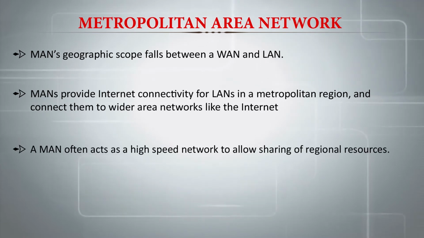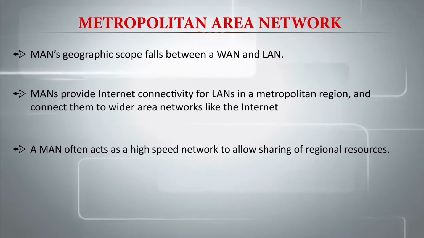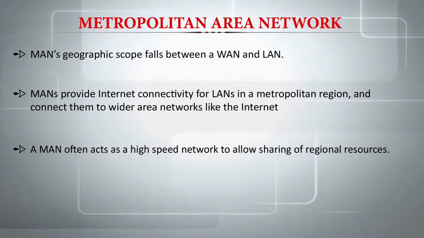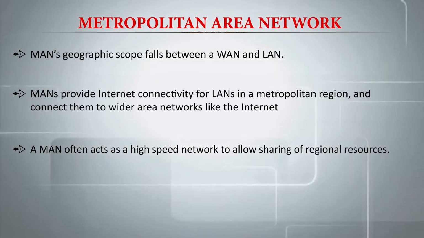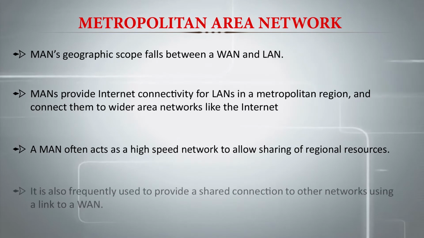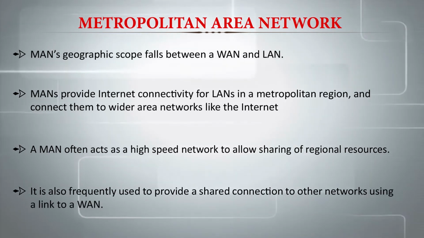A MAN often acts as a high speed network to allow sharing of regional resources, because each city is controlled by some kind of body, municipal bodies, so some related information can be shared through this. It is also frequently used to provide shared connections to other networks using a link to a WAN. What are the characteristics of a metropolitan area network?